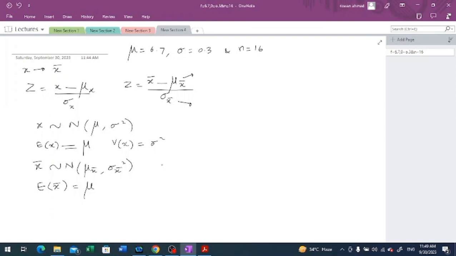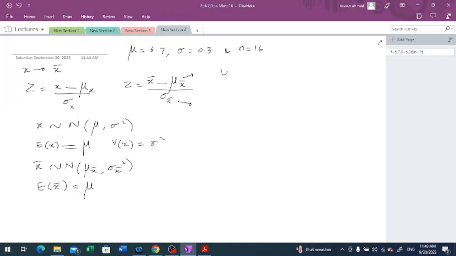Repeatedly, regardless of the sampling procedure and regardless of the sample size, we always ended up with the mean of the sample mean equal to the population mean. Now we are going to prove this algebraically.